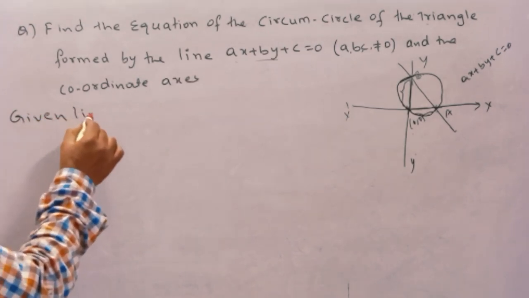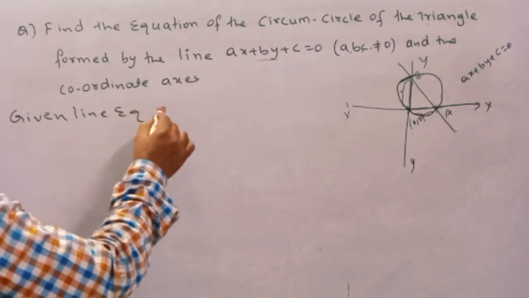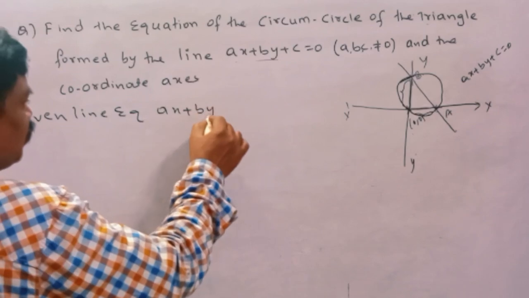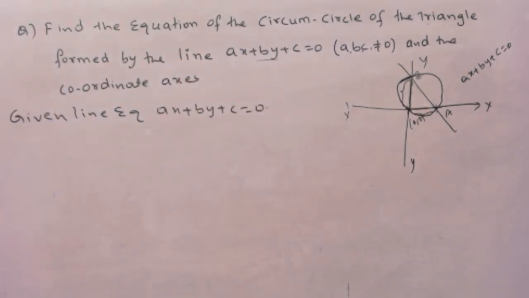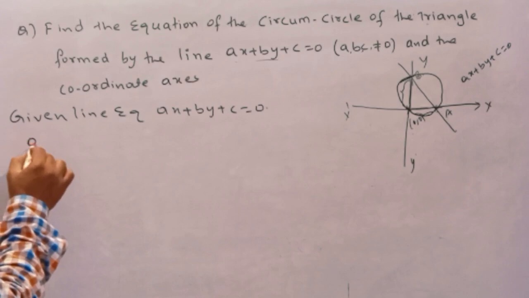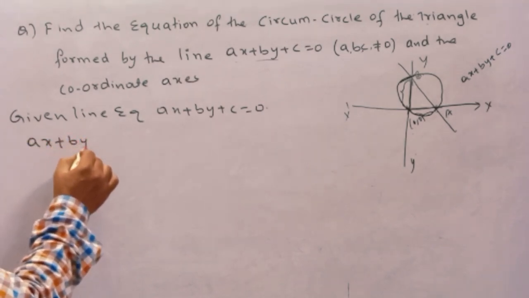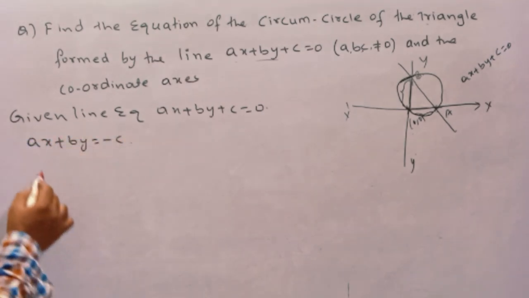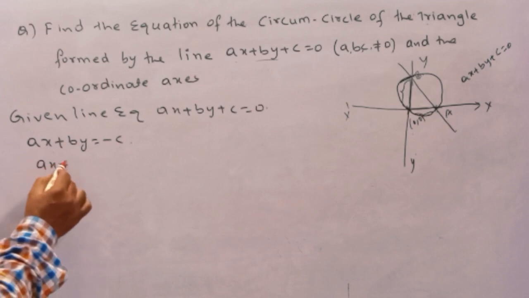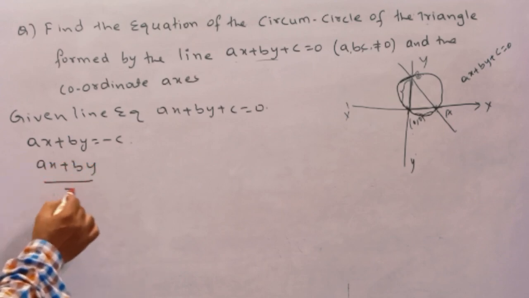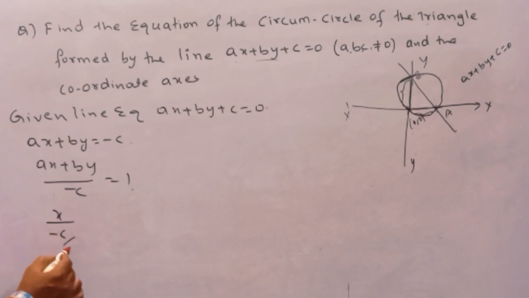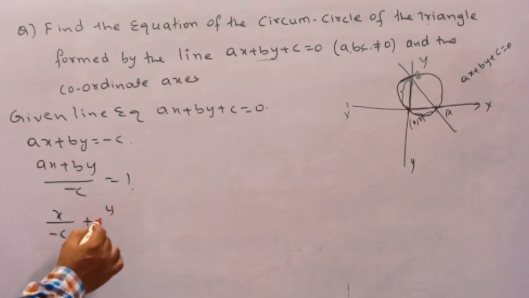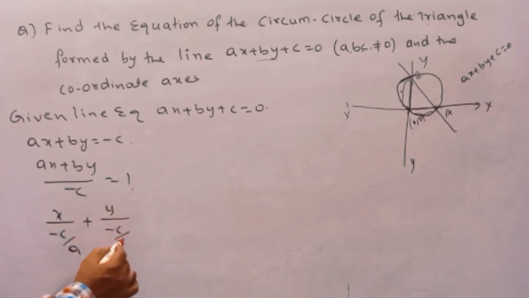So the given line equation is what? ax plus by plus c equal to 0 is the given line equation. In this one, you write ax plus by is equal to minus c, and dividing by minus c, x by (minus c by a) plus y by (minus c by b) is equal to 1.